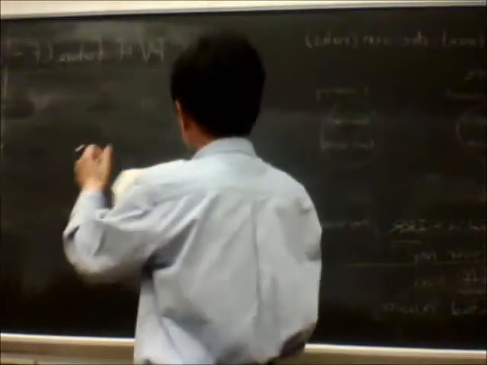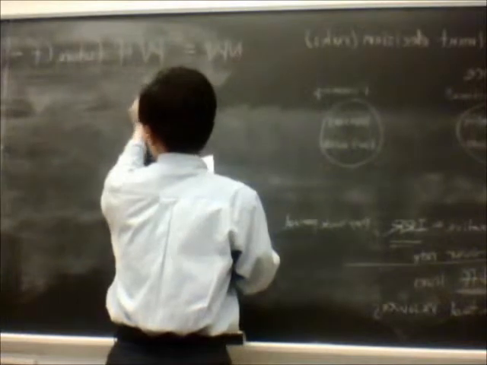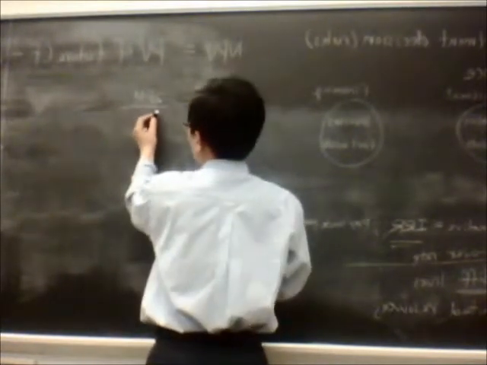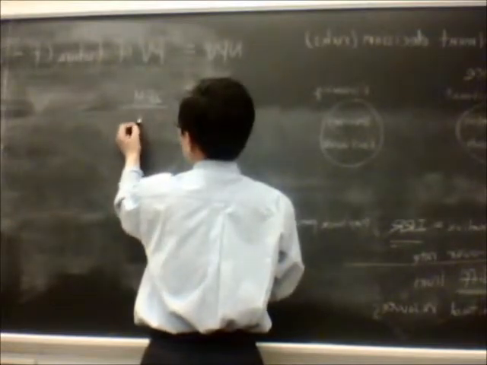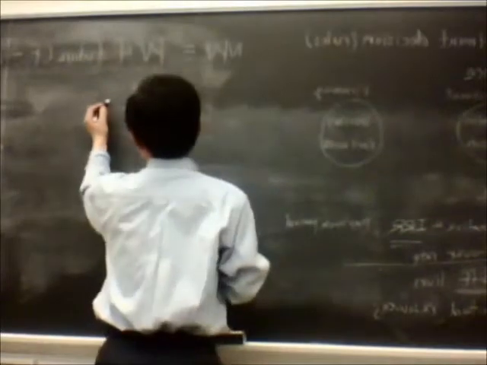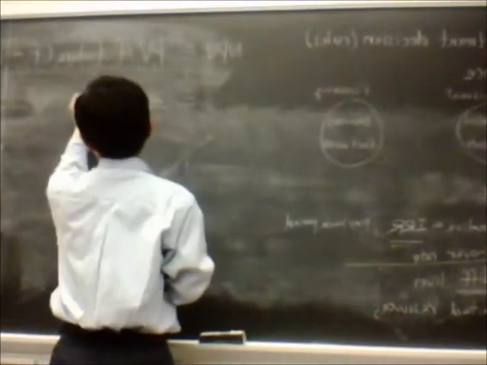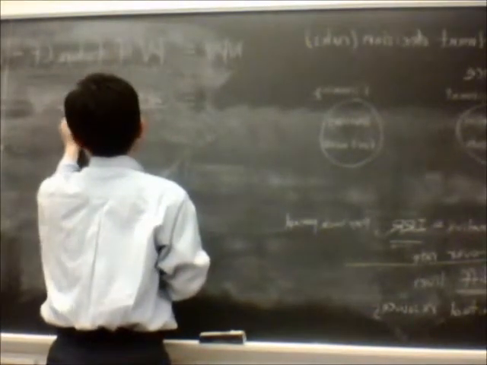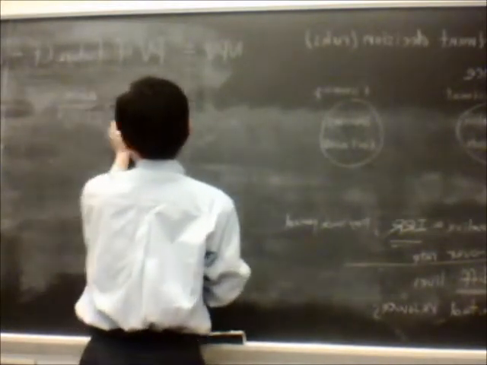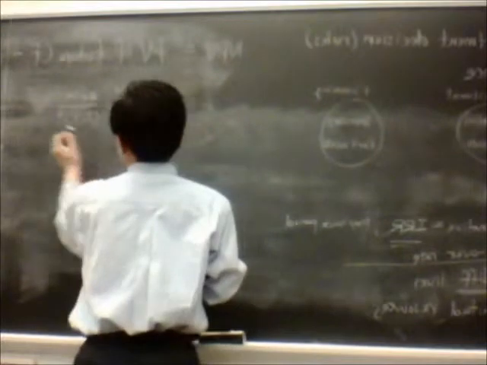What's the cost of capital? 10%, right? 28 million divided by 1.1, right? 1 plus 10%. What's the second money? 28 divided by 1.1 squared.